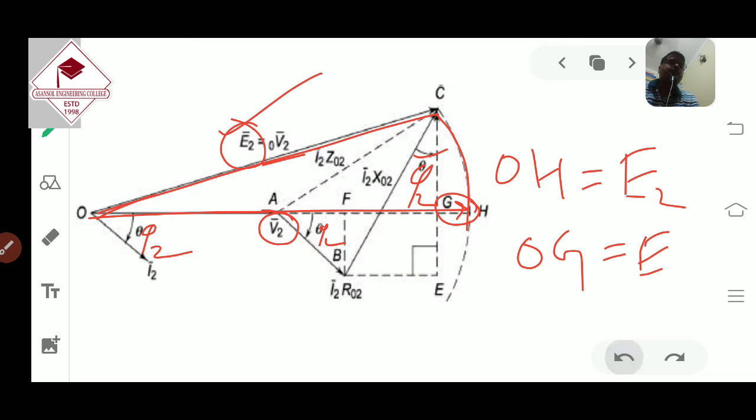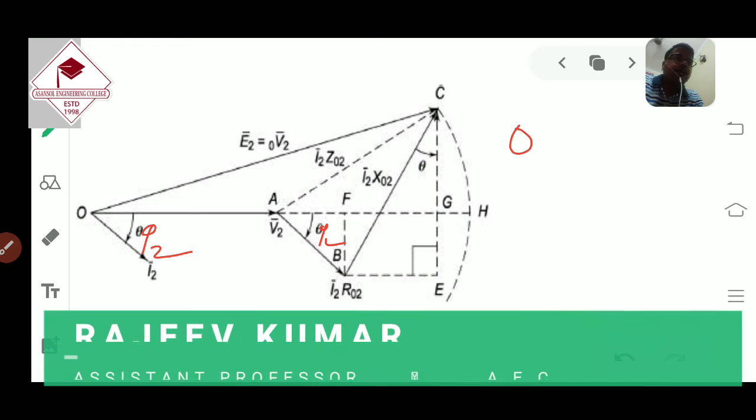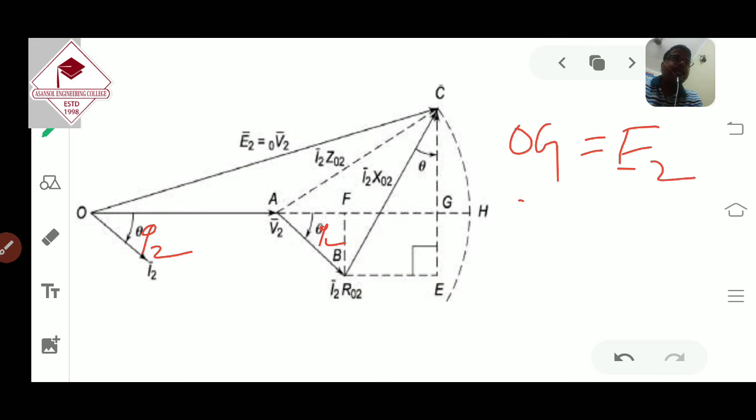Now we can find this OG is equal to E2, and OA is already given as V2.